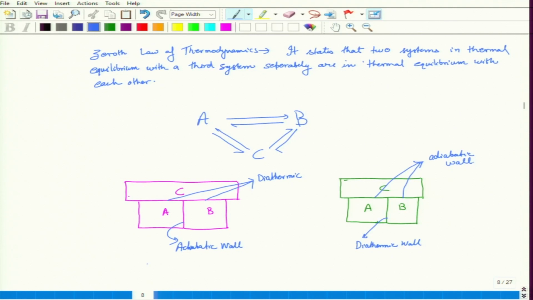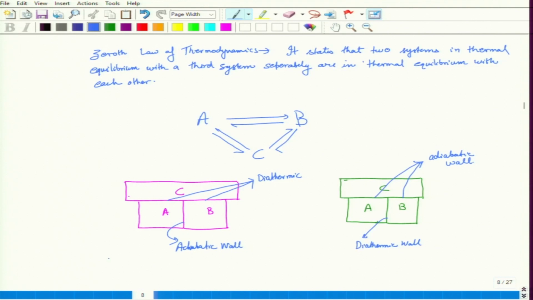The zeroth law of thermodynamics clearly suggests that if the systems A and B are in thermal equilibrium, then there must be a physical quantity that is equal for both, and that is what we call temperature.